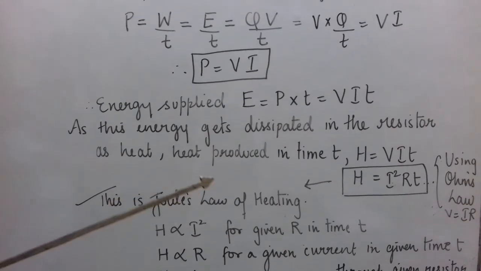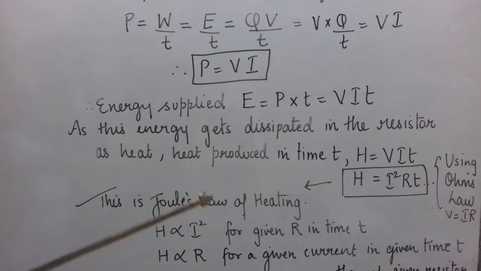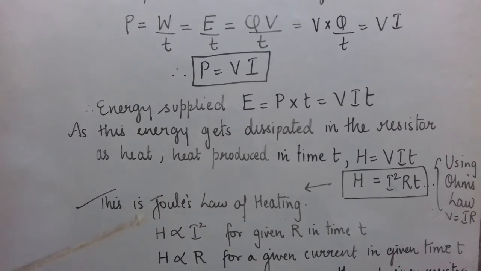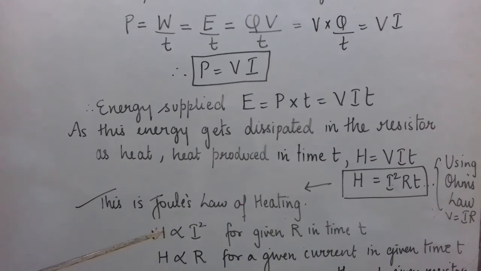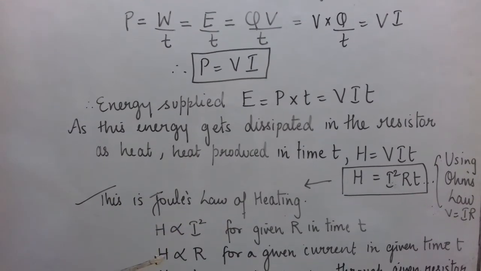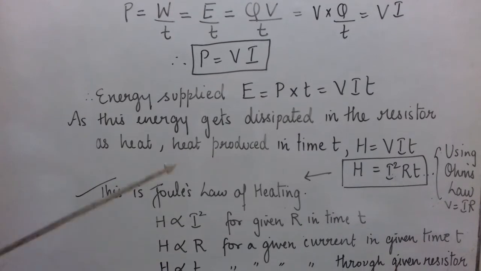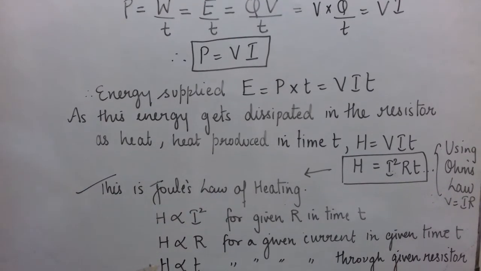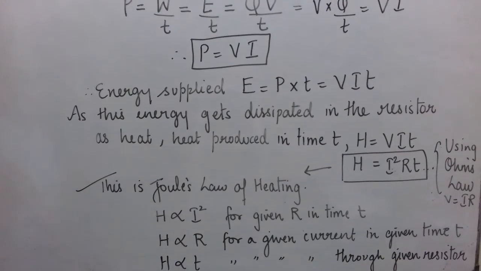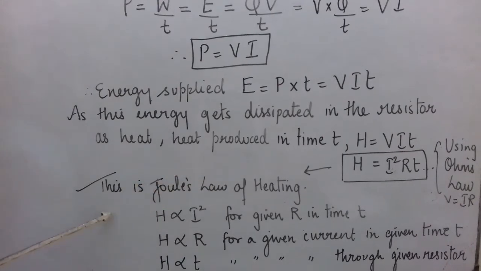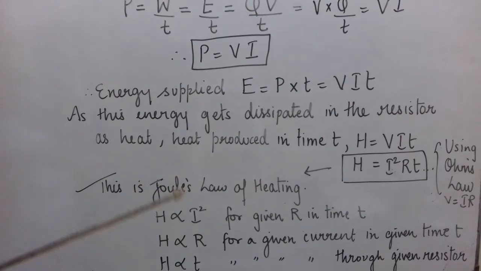Now, if H is I square RT, you know that if R and T are constant, then H is directly proportional to I square. Consider the same equation again. If I and T are constant, then H is directly proportional to resistance R. If I and R are constant, then H is proportional to T. So, this can be written in the form of statements from this equation, and that will form the statement of Joule's law of heating.